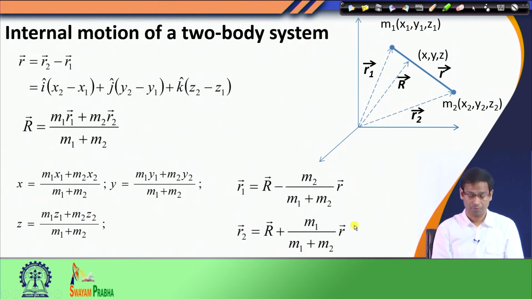Alternatively, if you see, I started defining my problem in terms of two bodies with two vectors r1 and r2. Now, I have defined two other vectors, capital R and small r. The capital R is the position vector corresponding to the center of mass of the system, and the small r vector is the distance between m1 and m2, the vector representing the distance between m1 and m2.